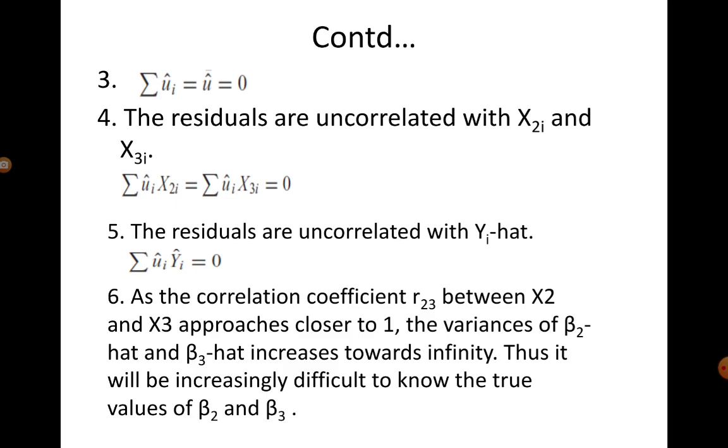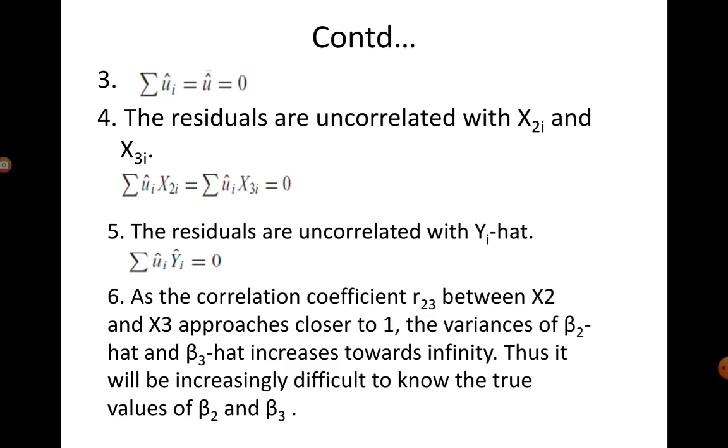So as R23 approaches closer to 1, you can see from the formula that the denominator is approaching 0, and therefore the variance of beta 2 hat as well as beta 3 hat is approaching infinity.